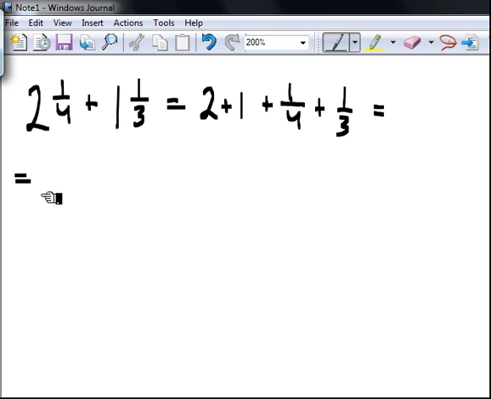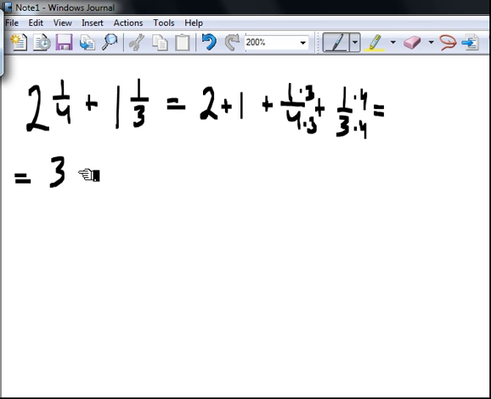So 2 plus 1 is 3 wholes, right? And then what is 1/4 plus 1/3? Well, we have to change once again this to the same number down here, the same denominator. So let's multiply this by 3, multiply this by 4, so we get 12ths.